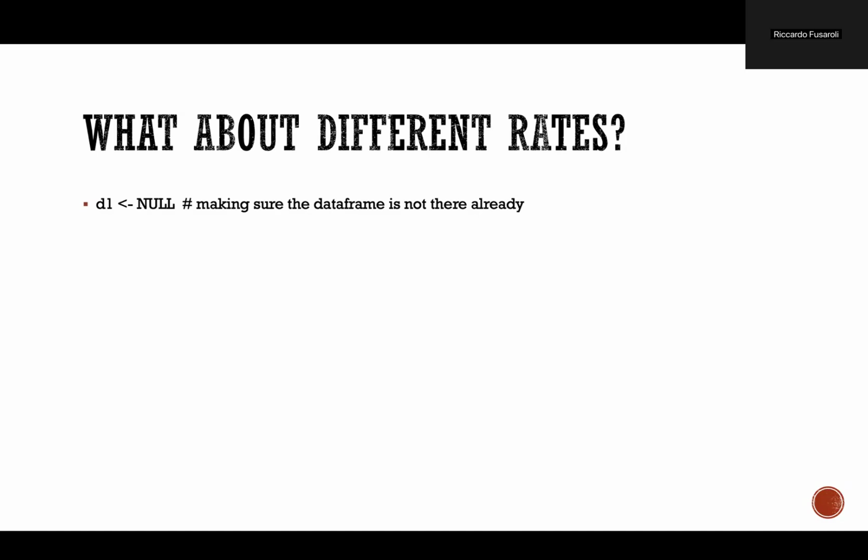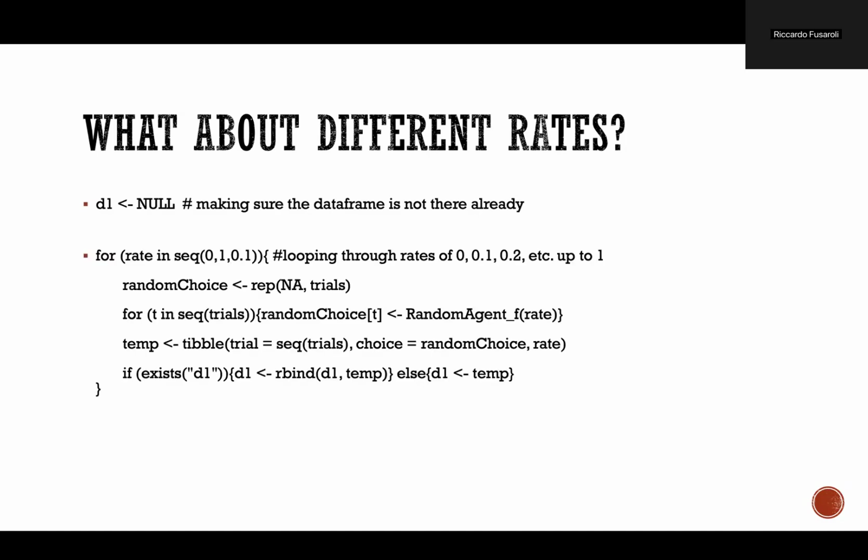So we ensure that the data frame or the table is empty, and then we loop through the sequence of rates that go from 0 to 1 in steps of 0.1. We create an empty random choice vector of length trial filled with NAs.